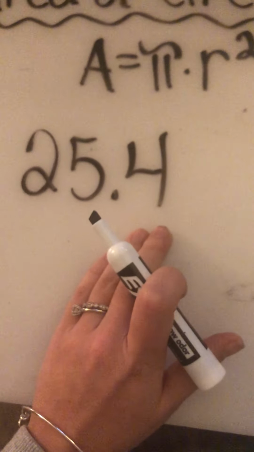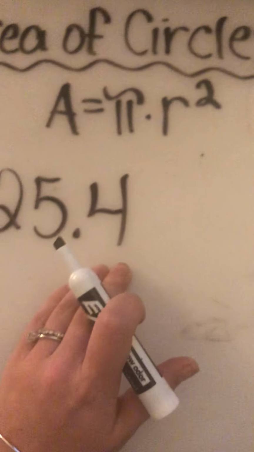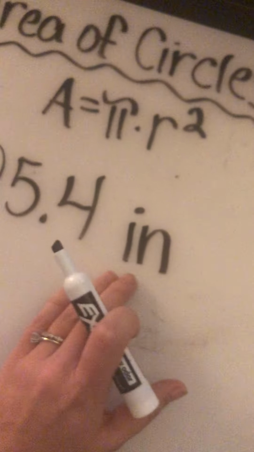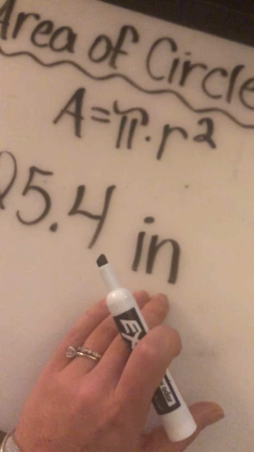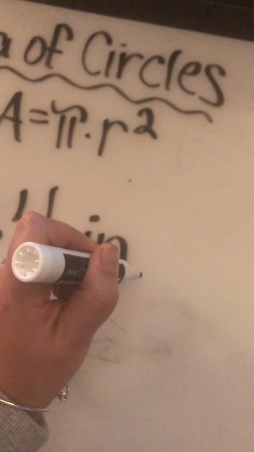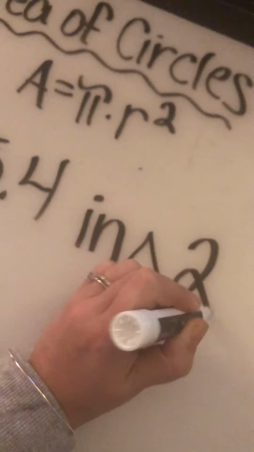Tenths place is 1 digit after the decimal. And then the way you want to put your units in, you're going to click space, right? You're going to write your units in abbreviated form. You don't need to put a period after them. So this would be inches abbreviated. You're then going to press the caret key so that that indicates that unit is going to be raised to, and then press 2.